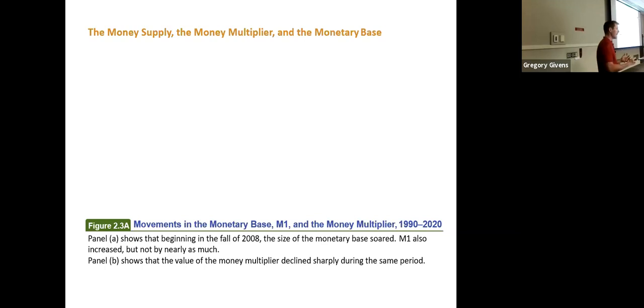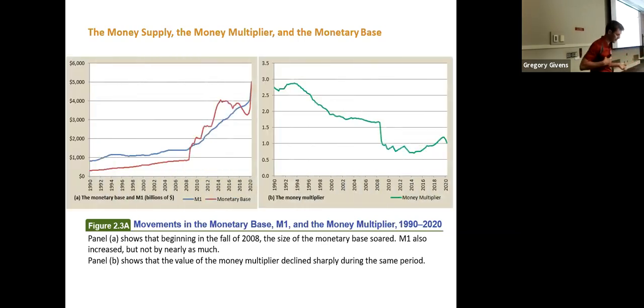As the Fed did that, and it injected bank reserves into the banking system, it also greatly expanded the monetary base, okay? The left graph over here shows you two variables with US data from 1990 through really just the past couple of months. The red line here is the monetary base, and you can see that in late 2008, it just kind of took off, right?